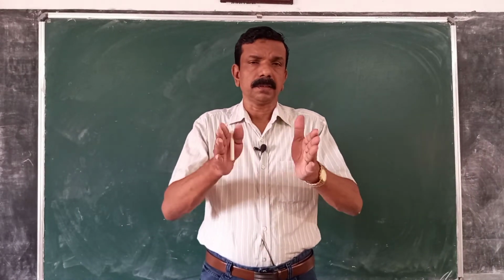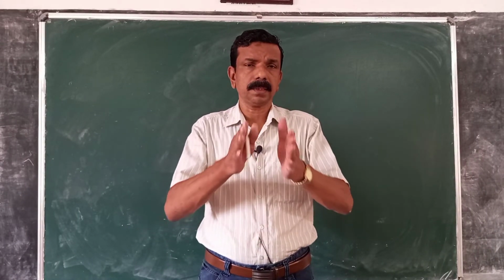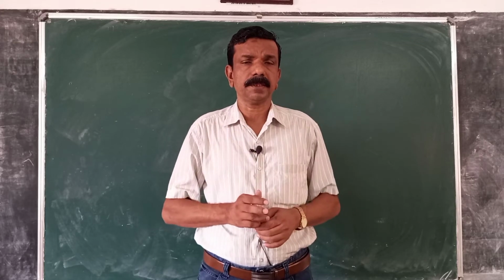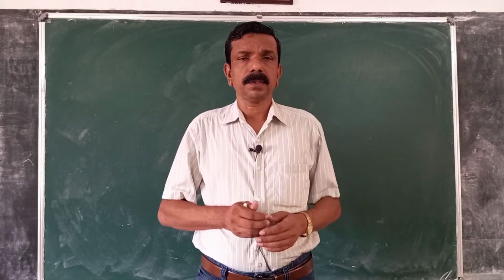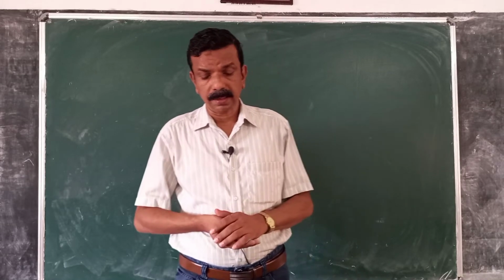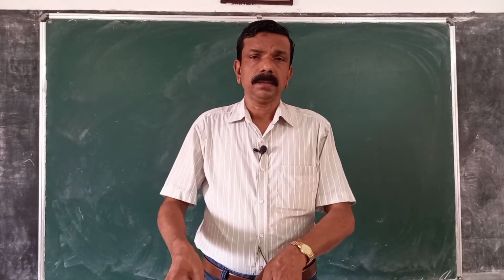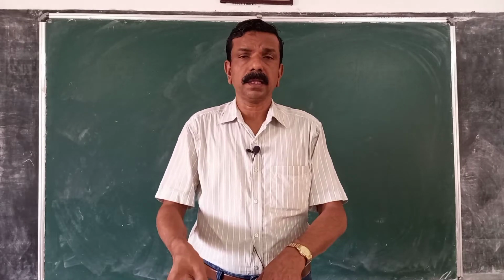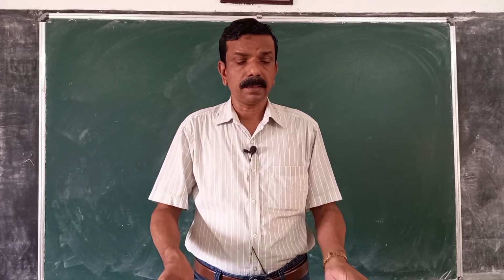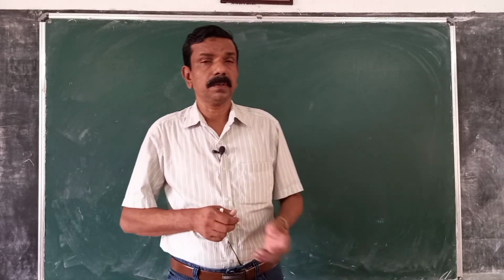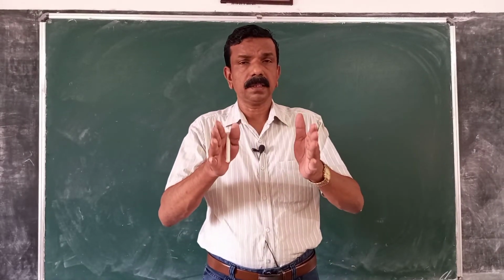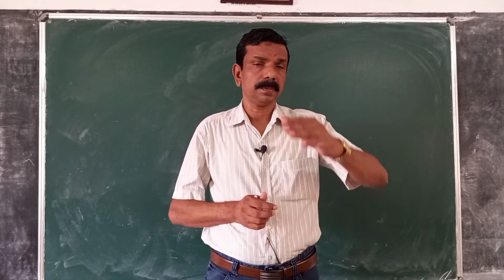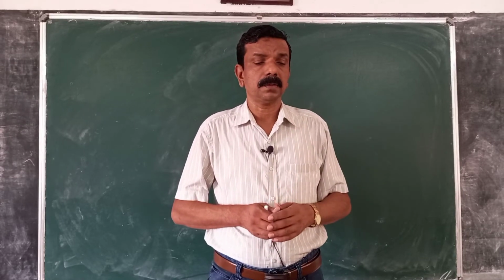And as we have seen, in the simple Keynesian model of income determination, equilibrium level of income and output is determined by aggregate demand. And if there is a change in aggregate demand, equilibrium level of income and output will also change.